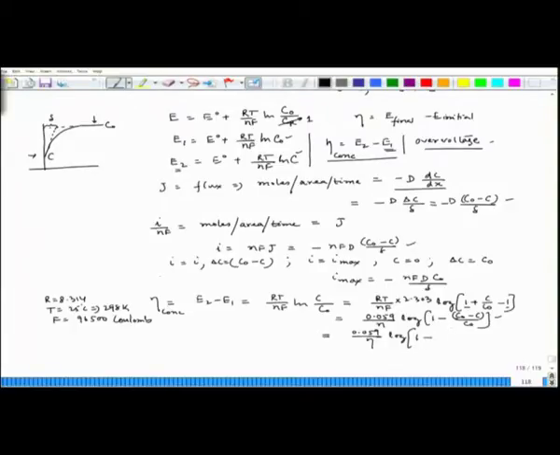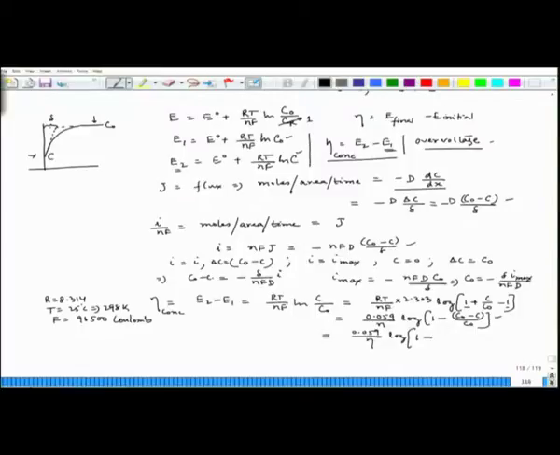So, in this case C0 minus C equal to minus delta by nFD times I, and here I can put C0 equal to minus delta I max divided by nFD.